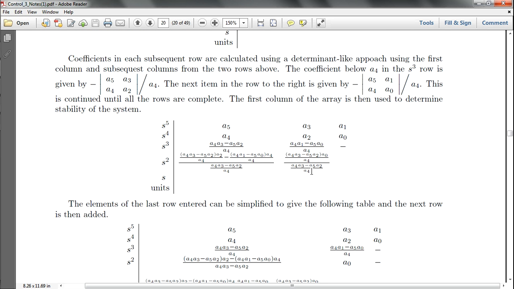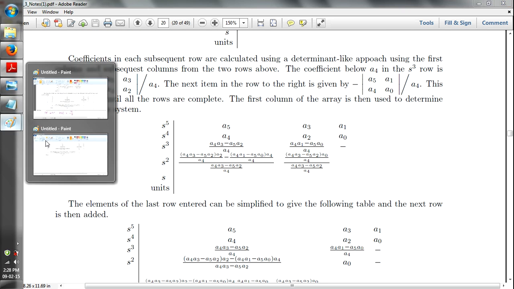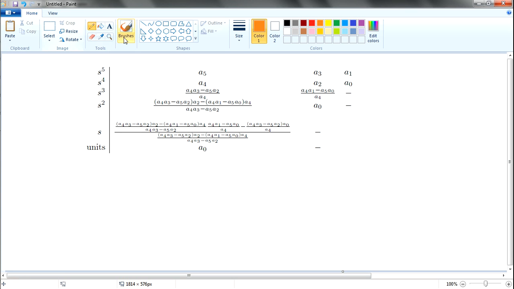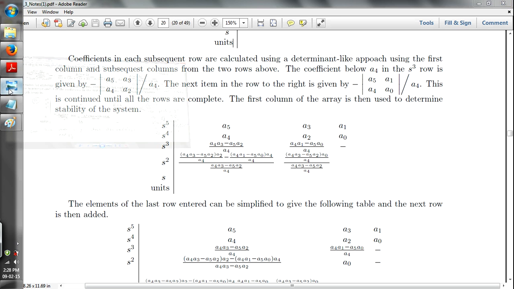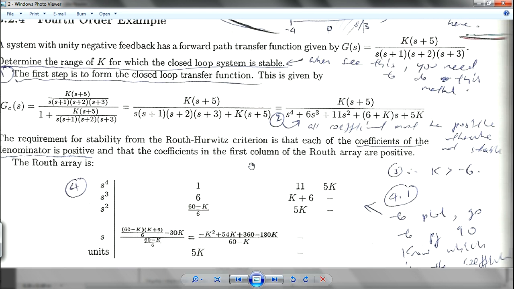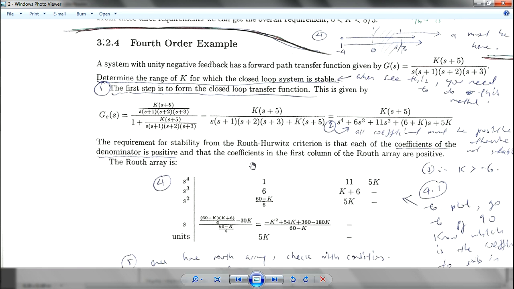And then with this, let's go to the Routh array. The Routh array says what? The rule itself is that, if you have this equation, let's actually start off with the system first, the fourth order example. You have a transfer function given as this over here. Similarly, you form it in terms of G(s) divided by 1 plus G(s).